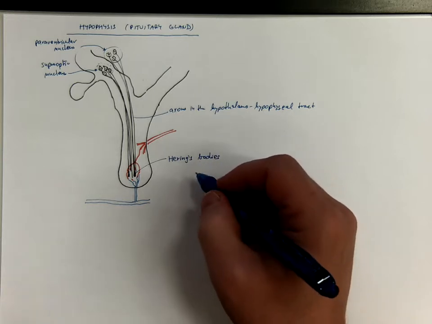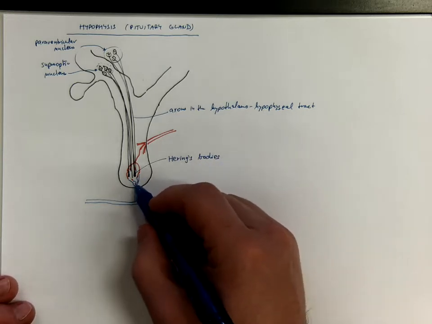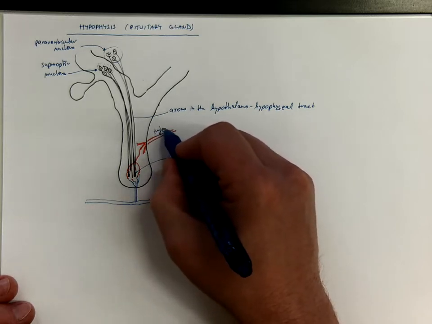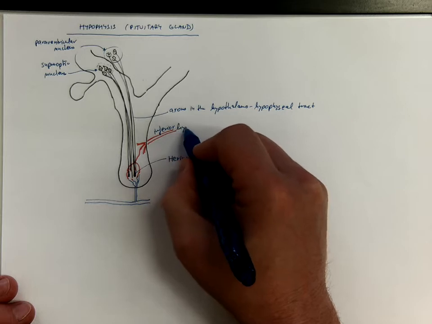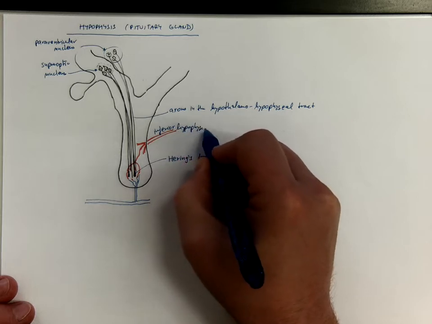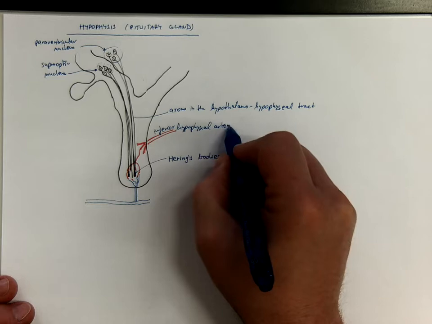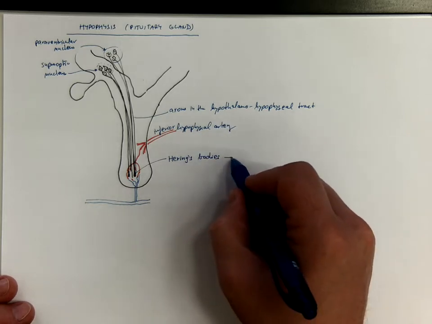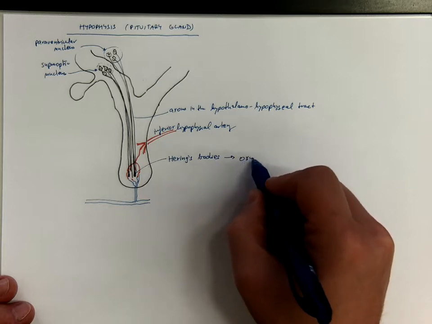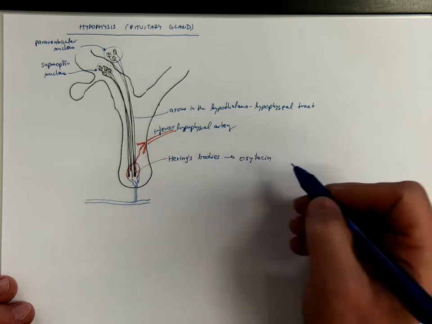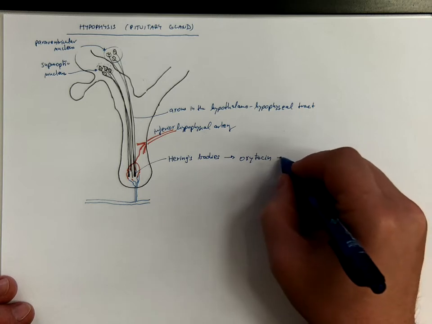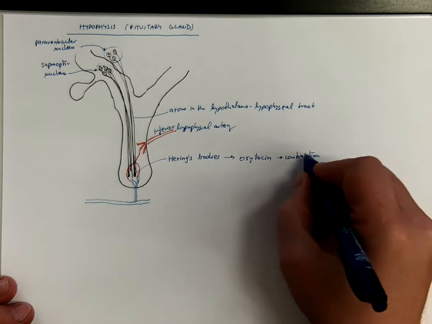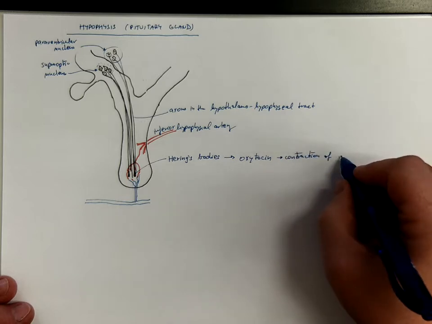And there are two types of hormones released into this capillary network supplied by the inferior hypophyseal artery. Namely the oxytocin, which is a peptidic hormone causing the contraction of the myometrium.